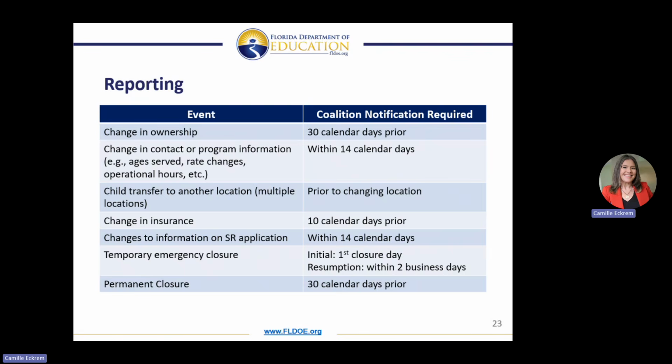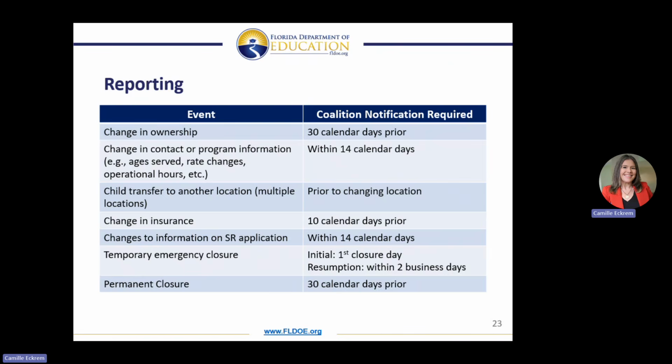Child transfer to another location in the case of multiple locations. The coalition must be notified prior to changing location. Change in insurance. The coalition must be notified 10 calendar days prior. Changes to information on the SR application. The coalition must be notified within 14 calendar days.